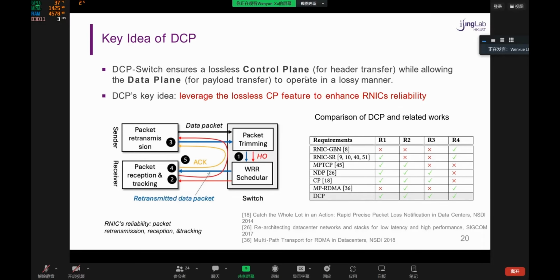It can just maintain the whole HO packet in its host memory, because host memory is very sufficient. But in our design, the RNIC's RAM limit is the biggest problem, so we cannot maintain much information in the RNIC.